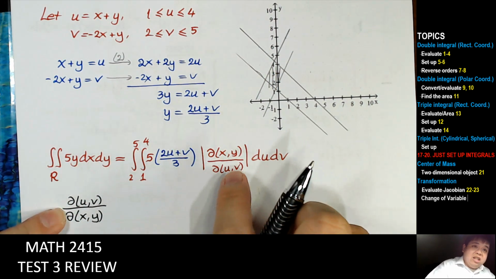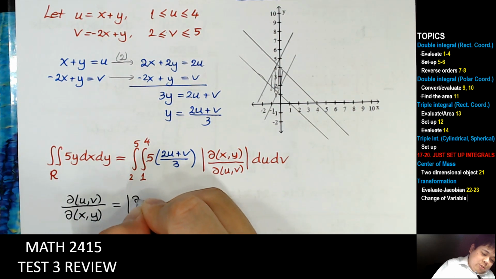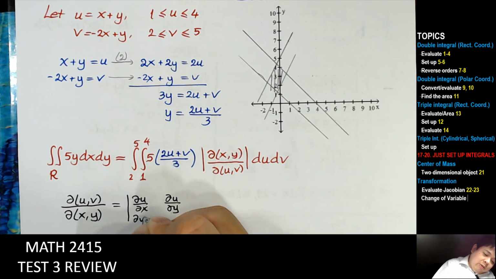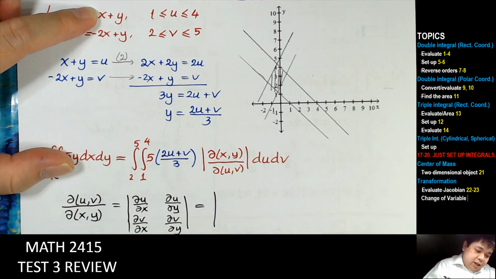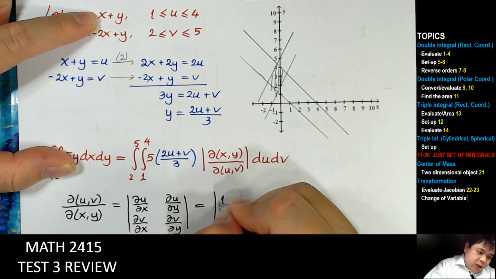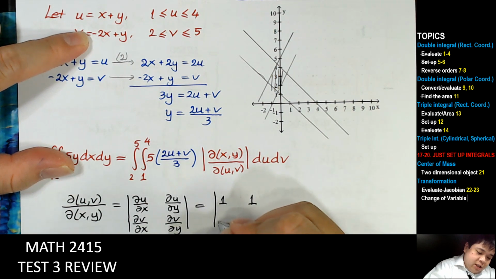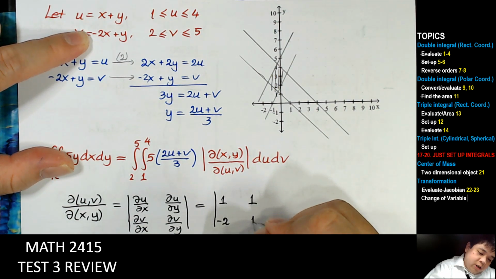Notice this is not the same as the Jacobian we want, but that's alright. So that will be u with respect to x, u with respect to y, v with respect to x, and v with respect to y. And this is u with respect to x is 1, u with respect to y is 1, v with respect to x is negative 2, v with respect to y is 1.